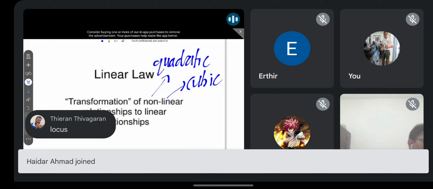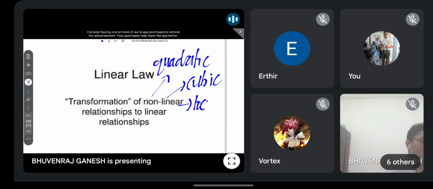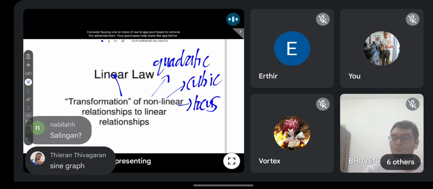Locus, okay, not wrong, correct. Locus is also non-linear, betul. Persamaan locus tu betul. Some more? Got a few more non-linear. Anything you know, some more. Think. Cuba jawab juga. Apa hukum bukan linear yang kamu tahu?